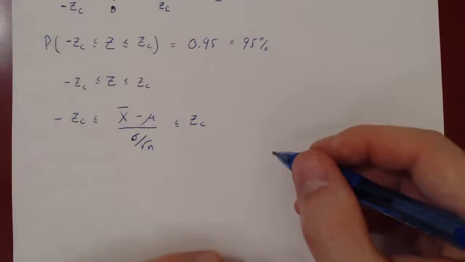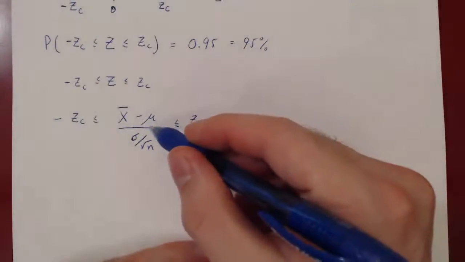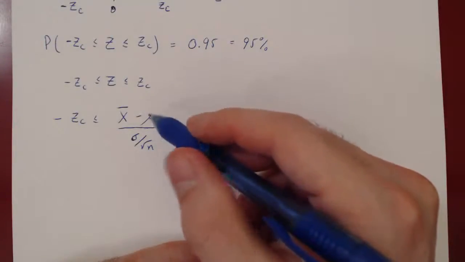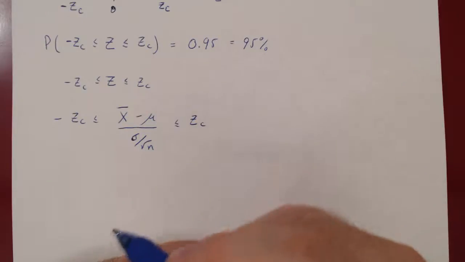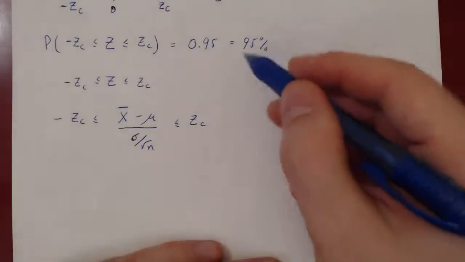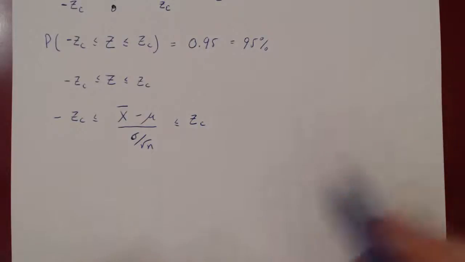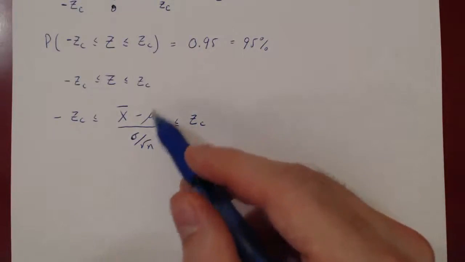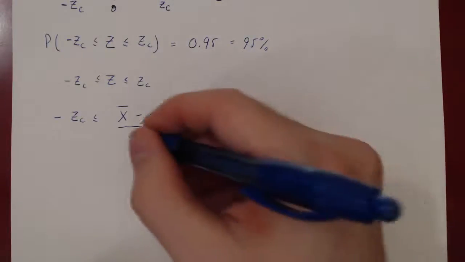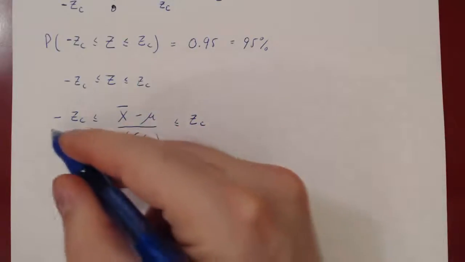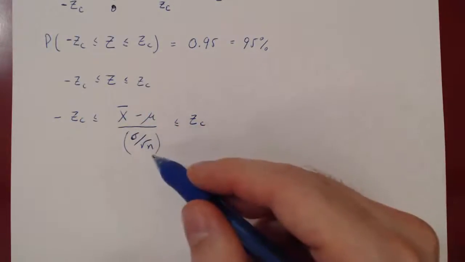And now, all we'll do is we will algebraically solve for the true population mean, and we're going to have an interval for the mean. This will be our 95% confidence interval. First, since we want to isolate mu, multiply both sides, so across the inequality, by sigma over root of n.